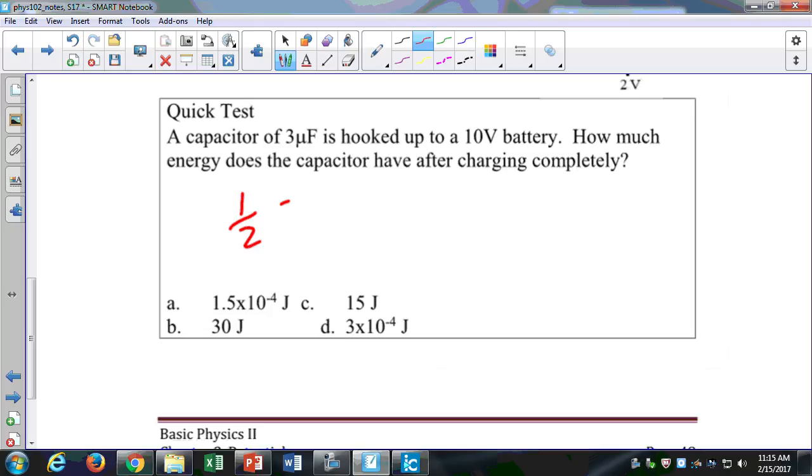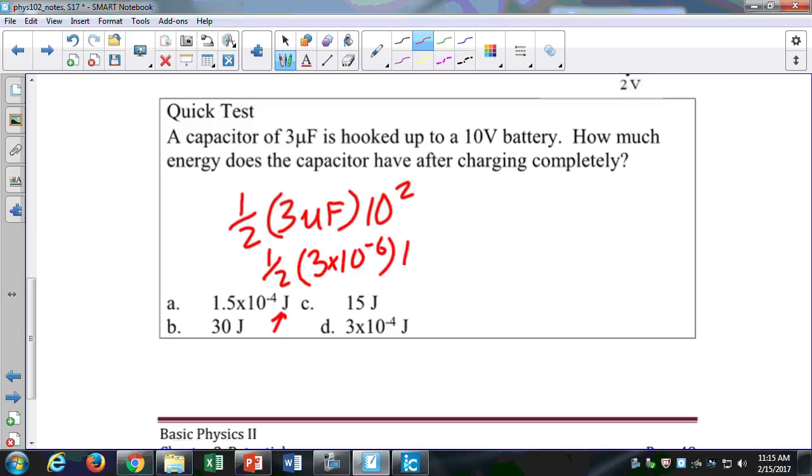So I have 1/2 of 3 microfarads times 10 squared, 1/2 CV squared. Actually, I want to convert this because all these are in joules. I'm going to convert it to 3 times 10 to the minus 6 times 100, and that's equal to 1.5 times 10 to the minus 4.